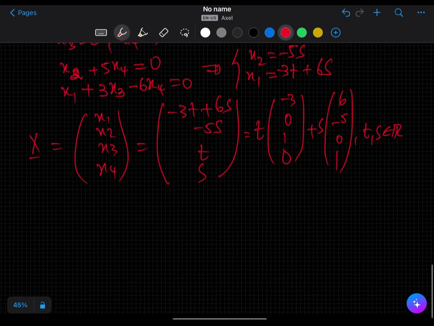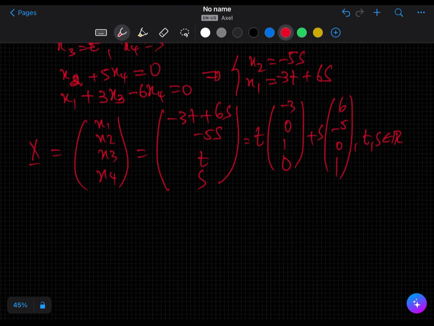So I have the solution given here. We can check from here that we have a solution with these two vectors.